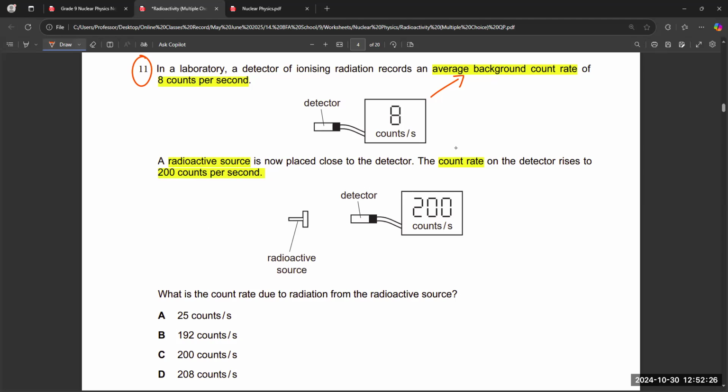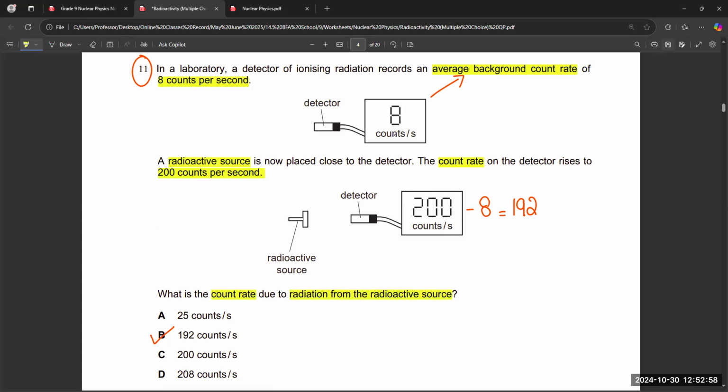Sir, we'll subtract 200 by 8, getting the answer 192, meaning part B. Right. So you can easily identify that the background reading is already 8 and the detector gives you a 200 reading after placing the radioactive material. So 200 minus 8 equals 192. So the answer is 192.